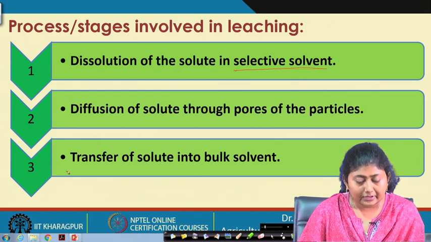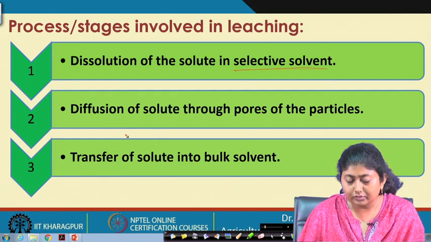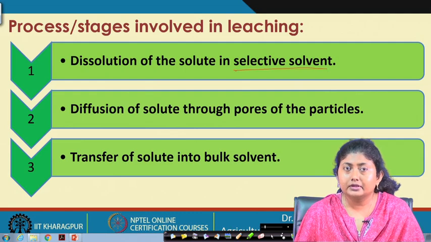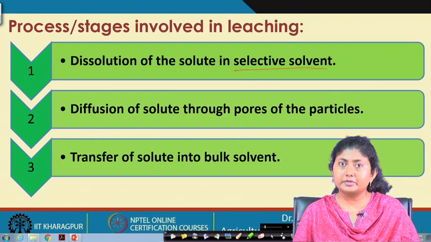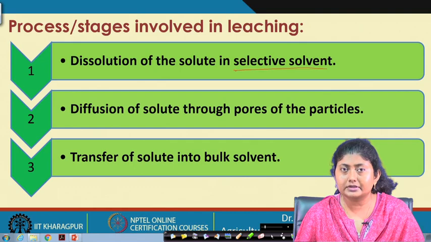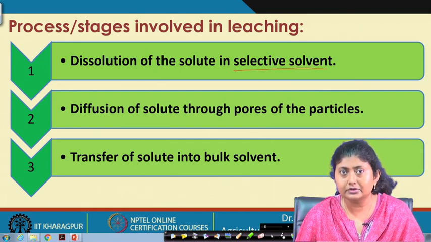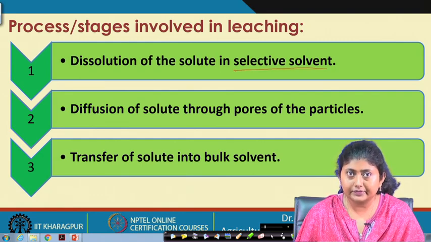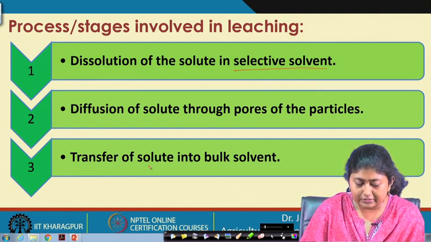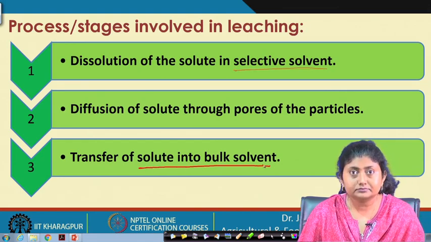The next step will be diffusion of solute through the pores of the particle, because the liquid has to enter into the pores of the solid particle, so that the solute which is in the very inner core of the material will dissolve into the solvent, diffuse through those pores and come out to the surface. Once they come out to the surface, the next step is transfer of the solute into the bulk solvent.